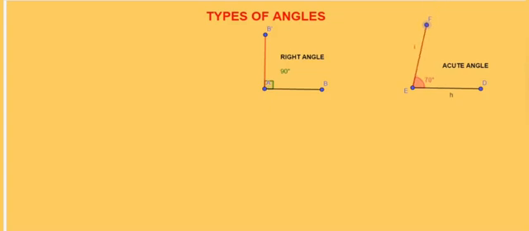Next I am drawing another angle by increasing beyond 90 degree. Now let us take the degree measure. That is 128 degree, greater than 90.